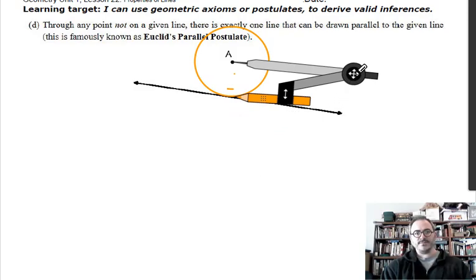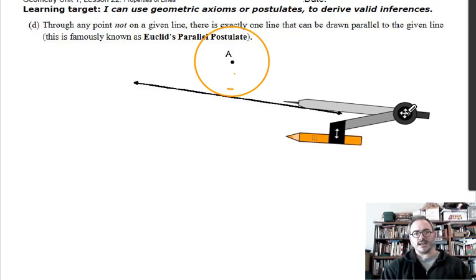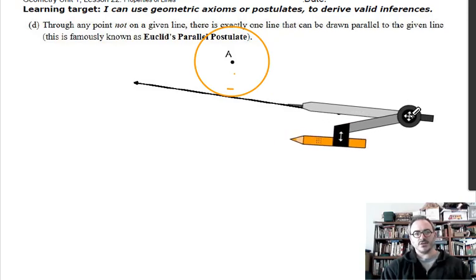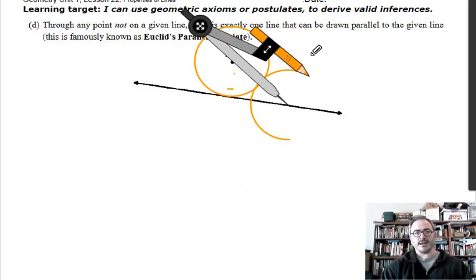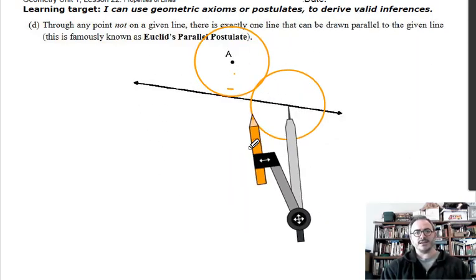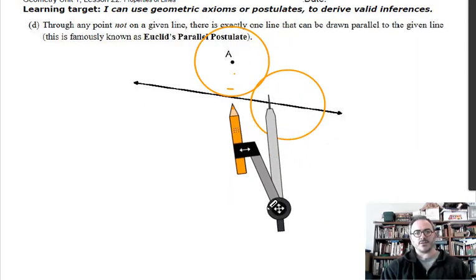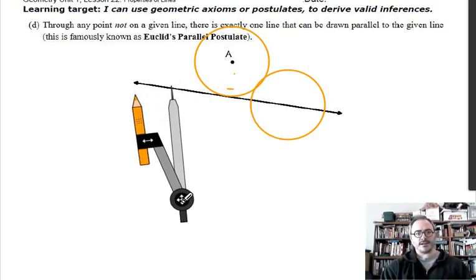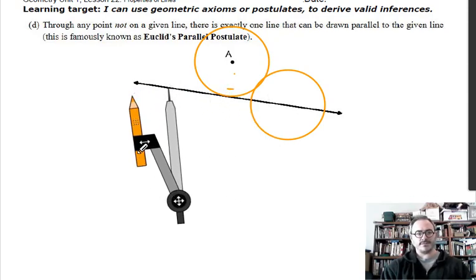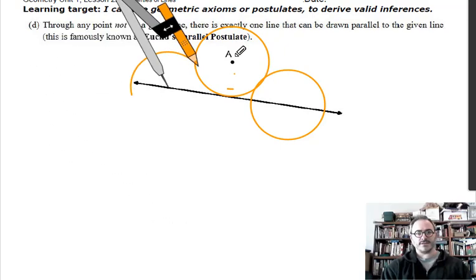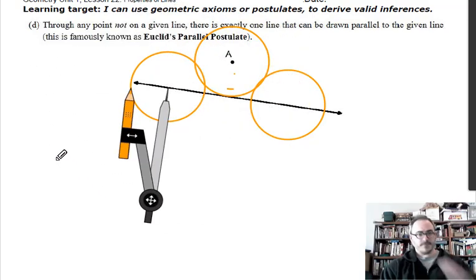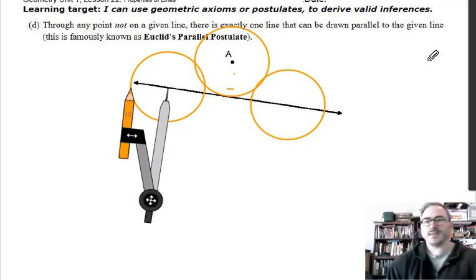And now I am going to move my compass once again and keep that same distance over here. And now I'm going to move it once again, and I'm going to do it one more time, putting my compass right there. I don't need the full circle. Well, I'm giving it to you just to show you.